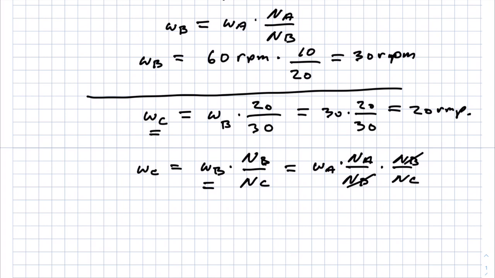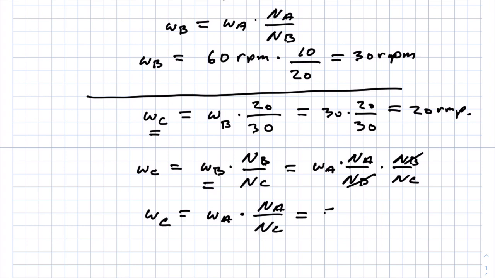What you would get is that omega C, the speed, is omega A times NA divided by NC.